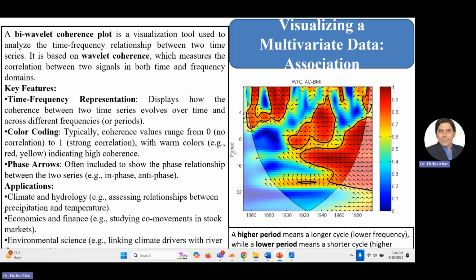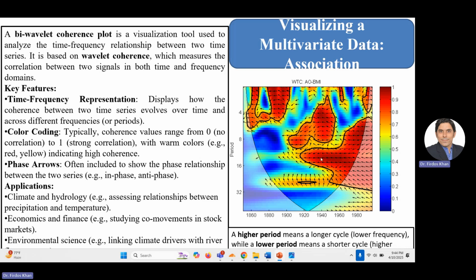So you can see period is here. Maybe somewhere this can be a frequency, but this is period here. So this represents the relationship between the two variables in time and frequency domain.